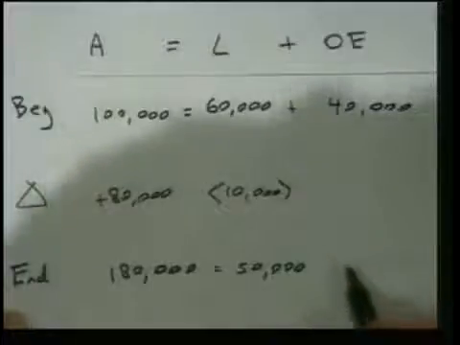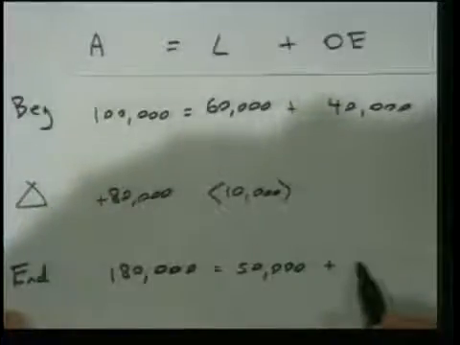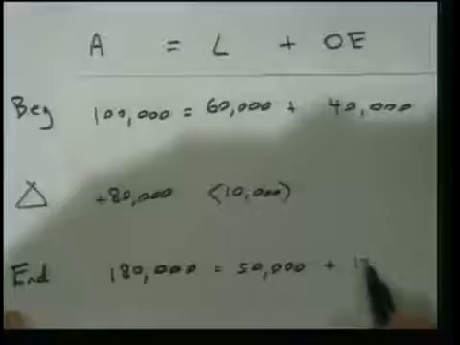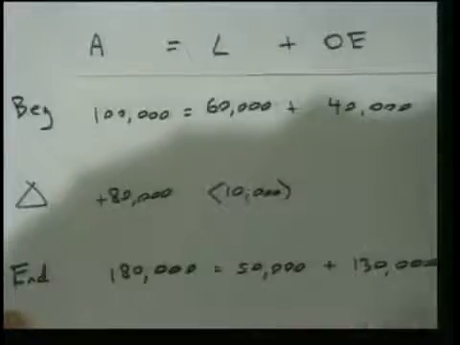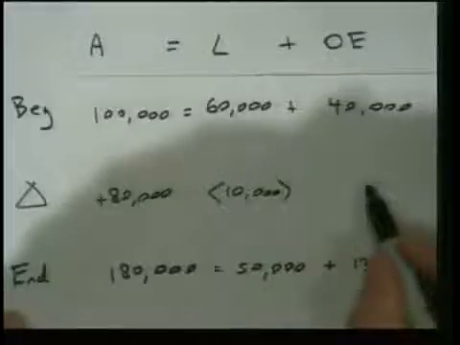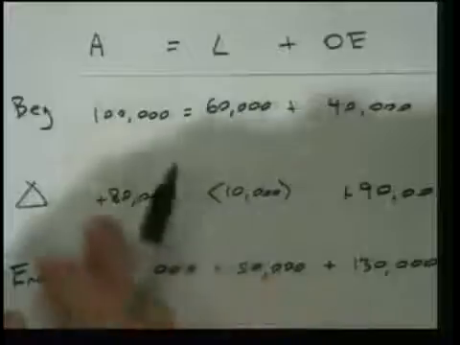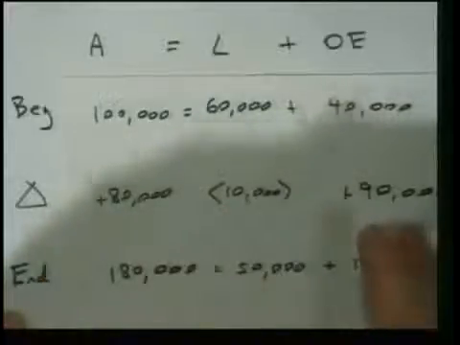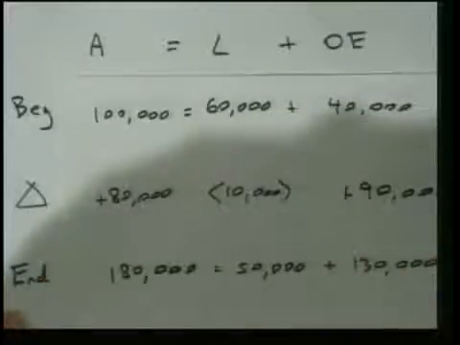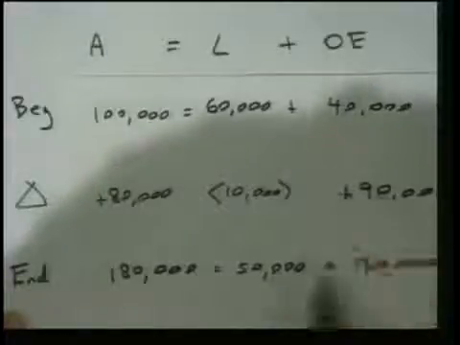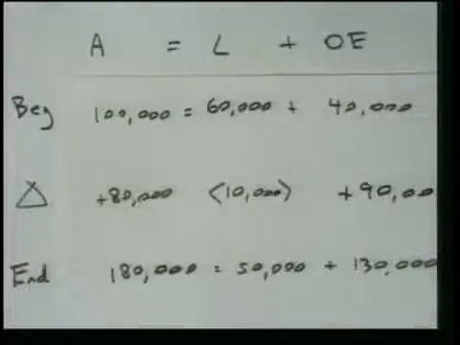So what does owner's equity have to equal? 130? 40 plus what equals 130? 90? Okay, well, does 80 equal negative 10 and 90? Yeah, it does, doesn't it? Okay. See how those work?